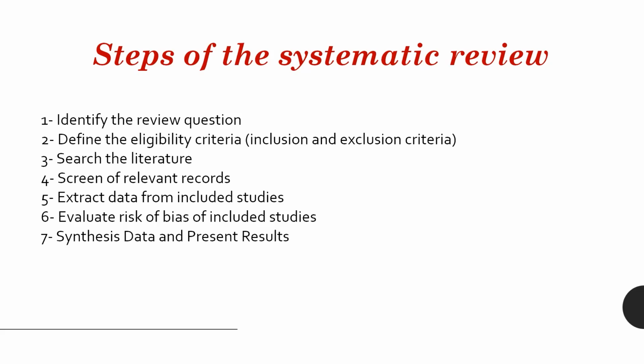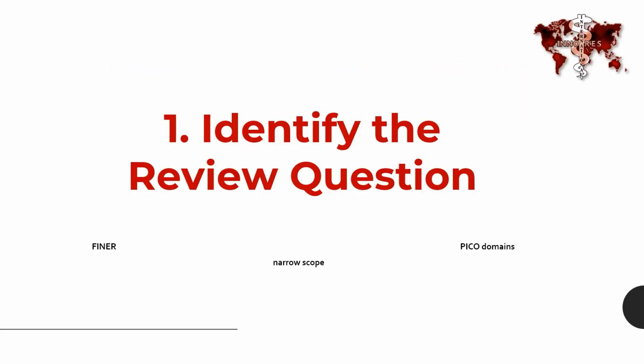Here, we will talk more about how to formulate the review question. Our topic today is mainly focused on the first step, the identification of the review question. The review question of a systematic review must be specific. It also has to cover a narrow scope.